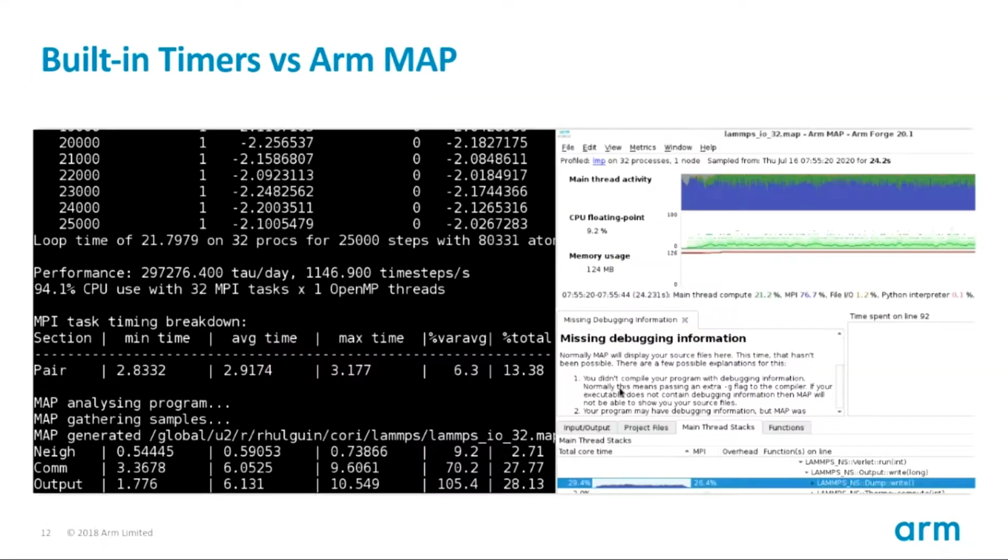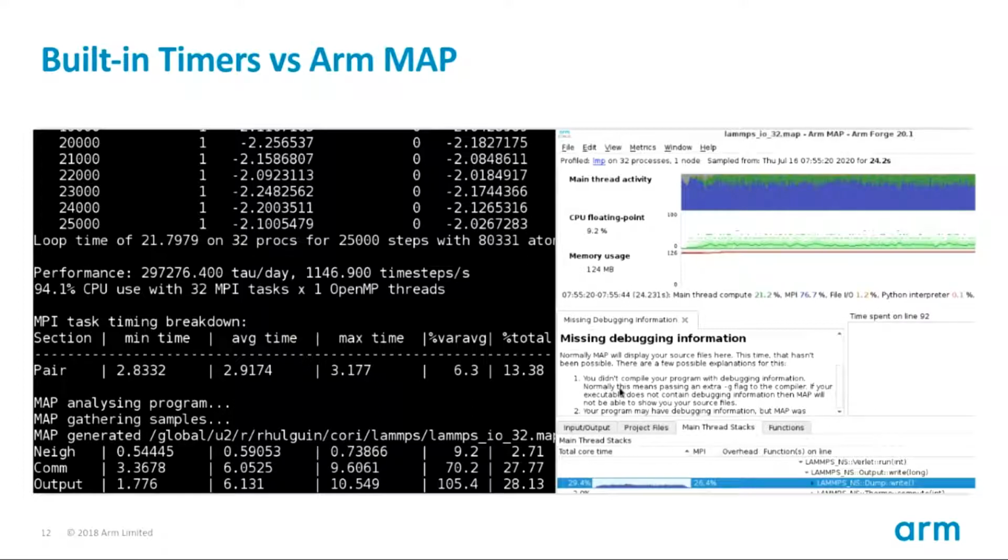And you can see from the next slide that in the LAMMPS output itself, in the MPI timing breakdown, a lot of the time is spent in output, and it corresponds to 28%.